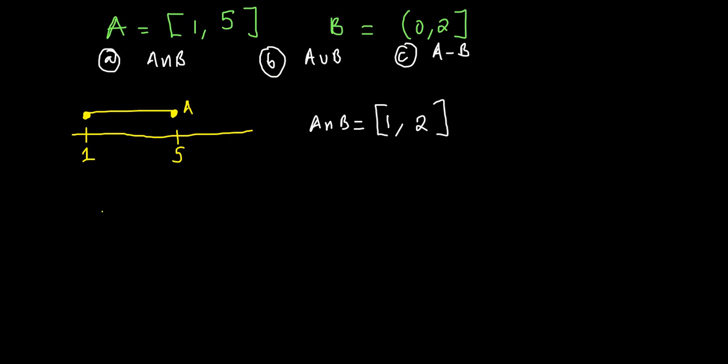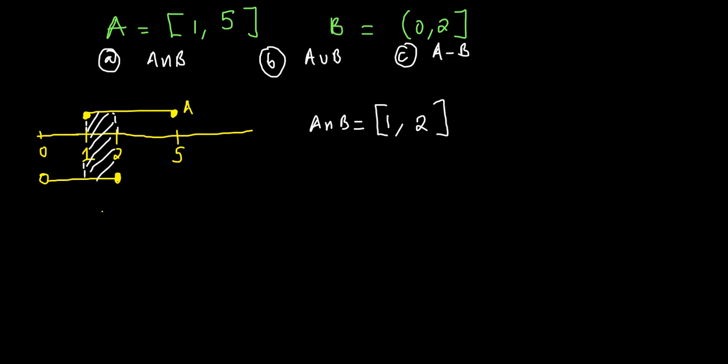And then B is starting from 0 up to 2 like this. It's open here but it is closed on 2. That's how it has been given. So we are saying that our intersection where these two sets are meeting is this region here.